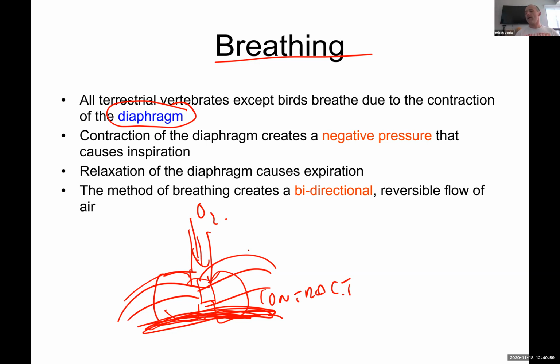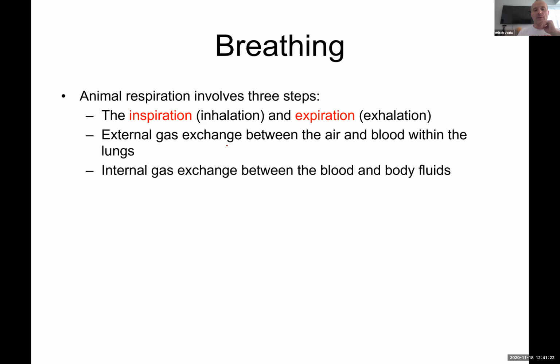While it rises, it allows the lungs to expand. So we reduce the pressure inside the lungs, and the pressure from outside pushes inside. You create negative pressure inside the lungs, which allows the oxygen to move in.